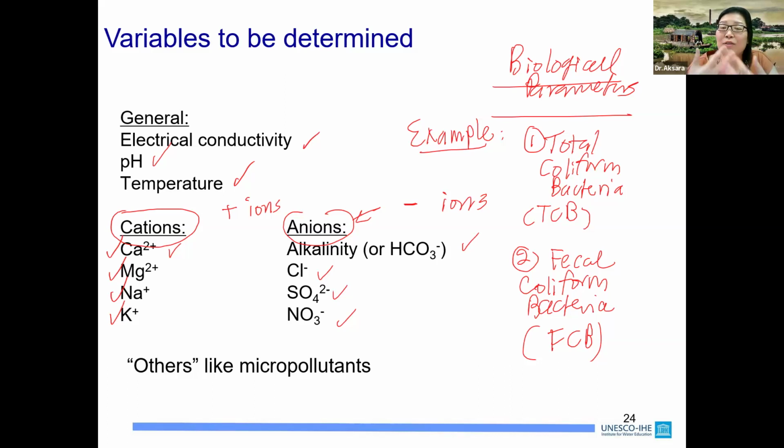Once you see that human activities are directly related to groundwater quality, especially the biological parameters, you start to see the importance of including biological parameter analysis in monitoring.